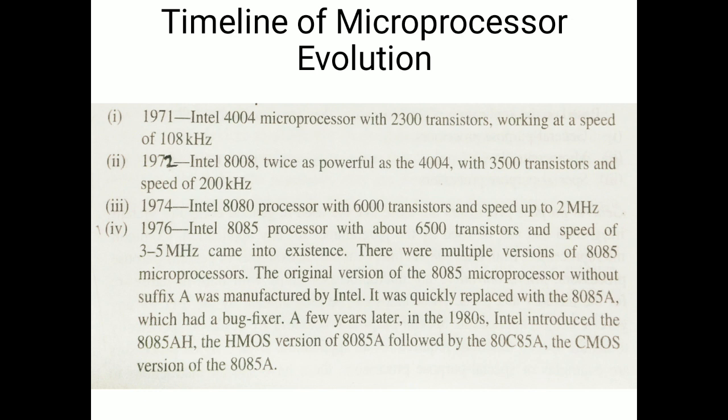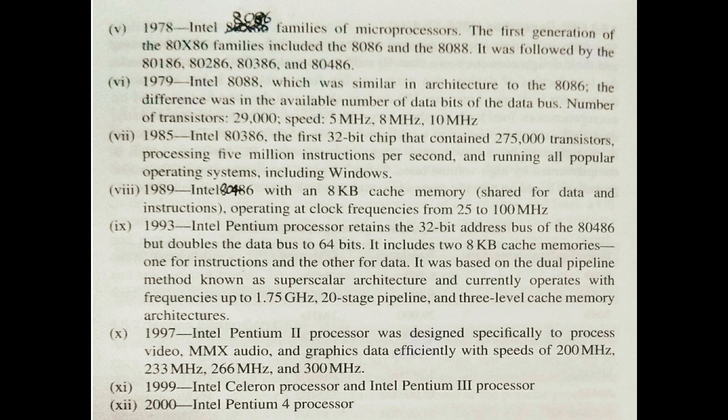In 1972, the Intel 8008 came, twice as powerful as the 4004, with 3500 transistors, and the speed was 200 kilohertz. Similarly, for the various years I have mentioned the microprocessors, along with their speeds and the number of transistors they used.